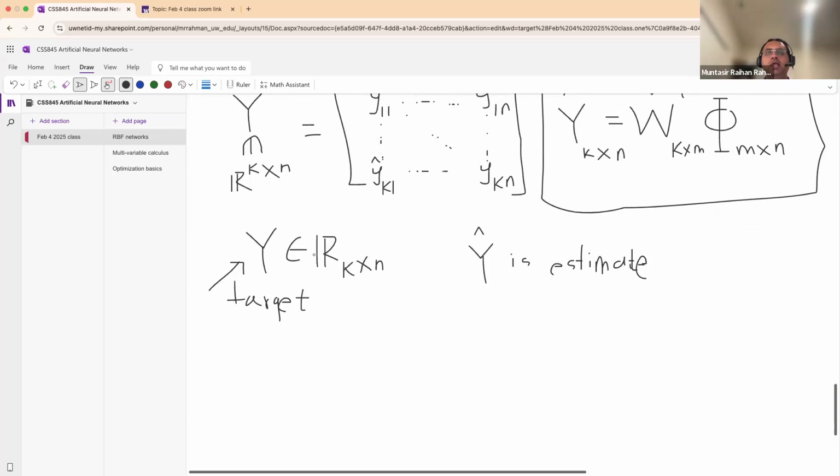If you learn a good weight matrix, then what should it correspond to in terms of these target and estimates? I hope my question makes sense. How would you tune the parameters? What is the objective here?